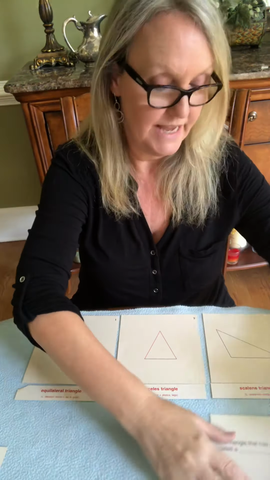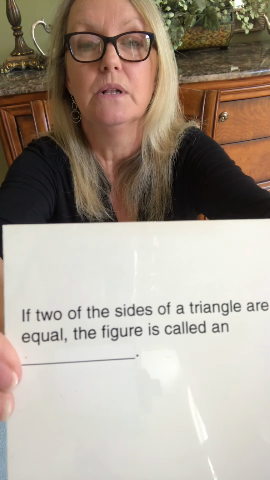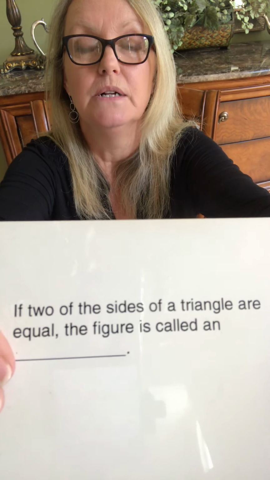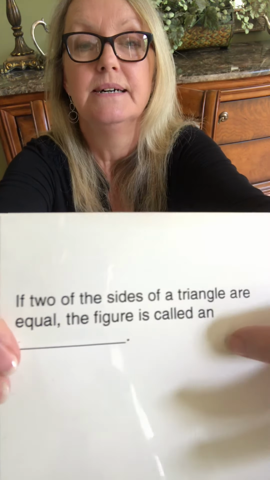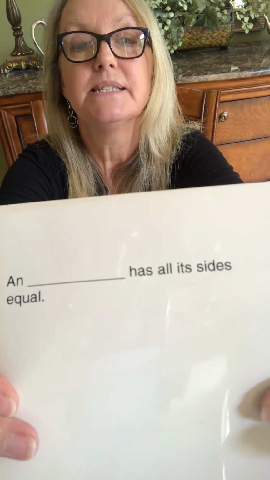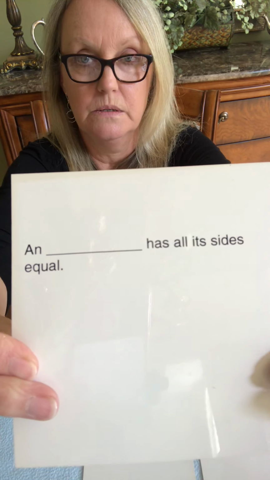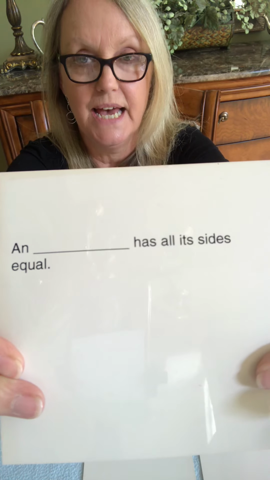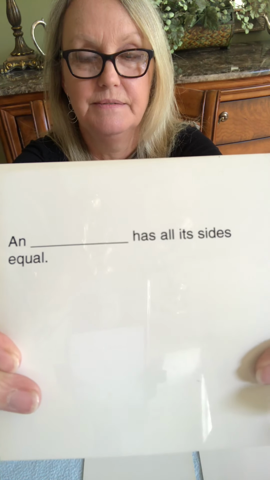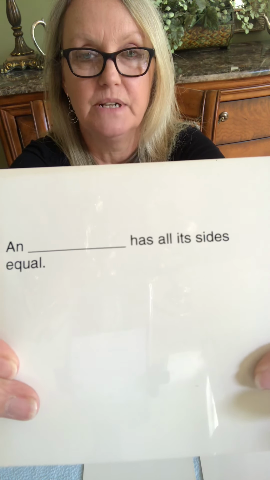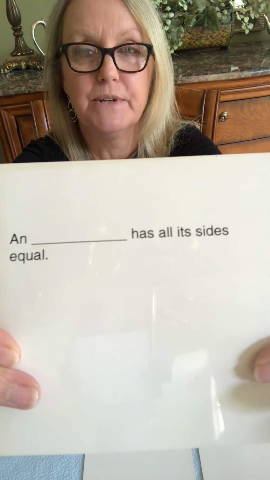This says if 2 of the sides of a triangle are equal, the figure is called an isosceles triangle. This kind of triangle has all its sides equal. We call it an equilateral. Equi even sounds like equal, doesn't it?